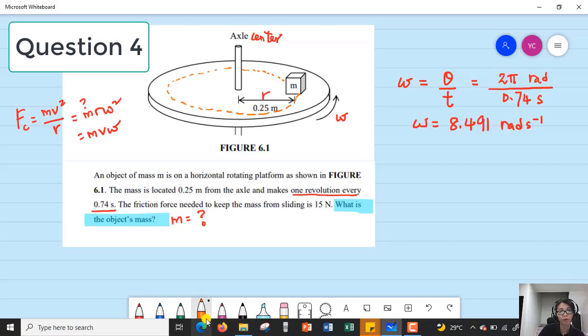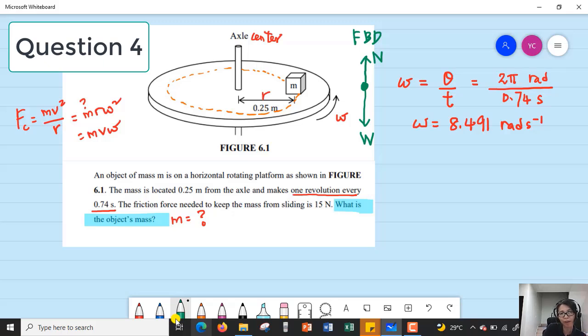So if I sketch the free body diagram for the mass m, let's say this is mass m. Straight downward we have weight, and then we put it on the surface. Perpendicular to the surface will be the normal force, and then we have a friction force to keep the mass from sliding.